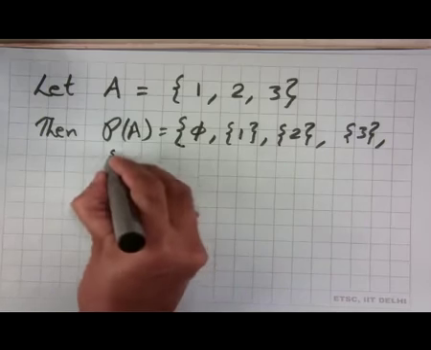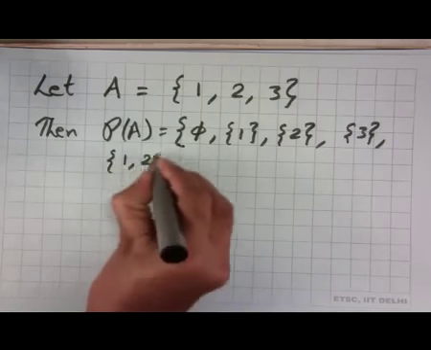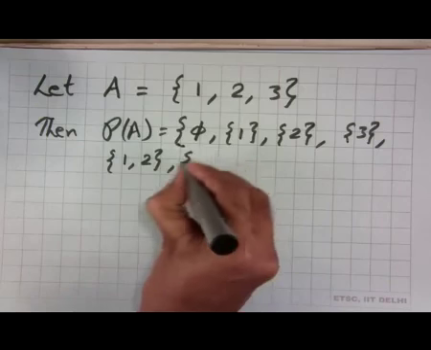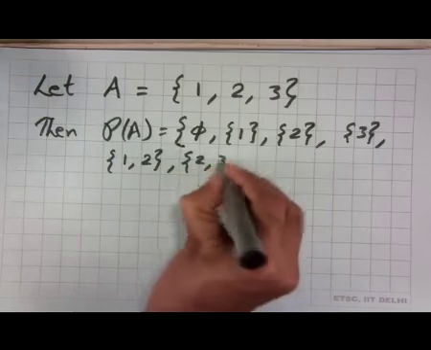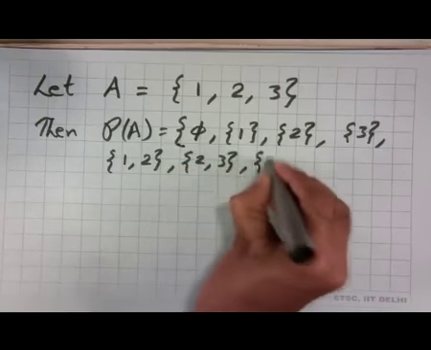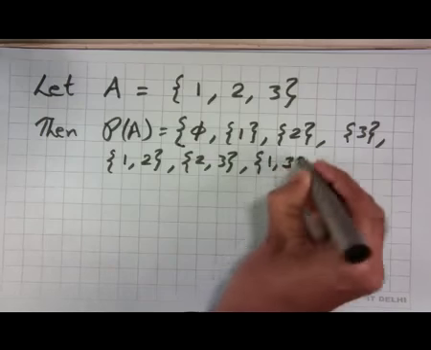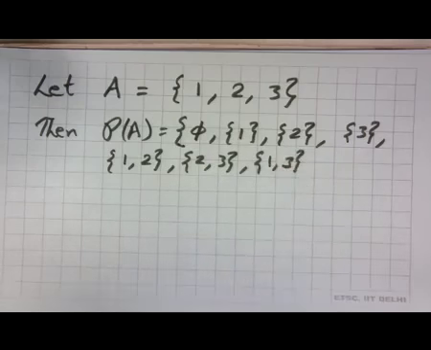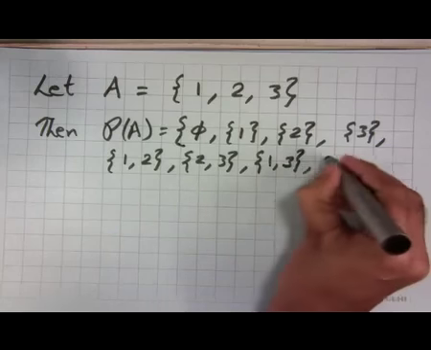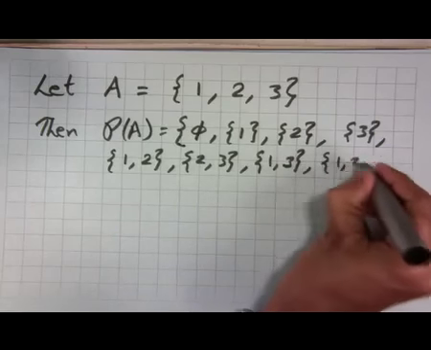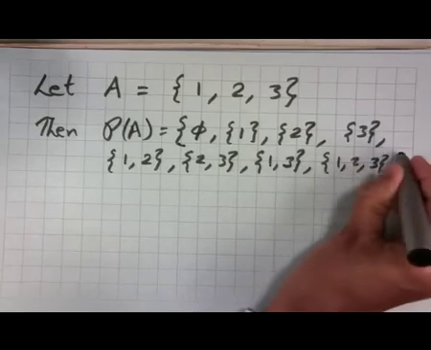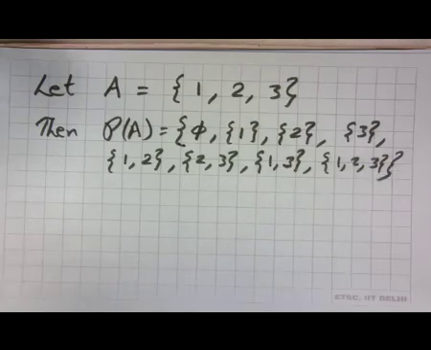So, we have {1, 2}, {2, 3}, {1, 3}, and then all the sets containing 3 elements, we have {1, 2, 3}. Right.